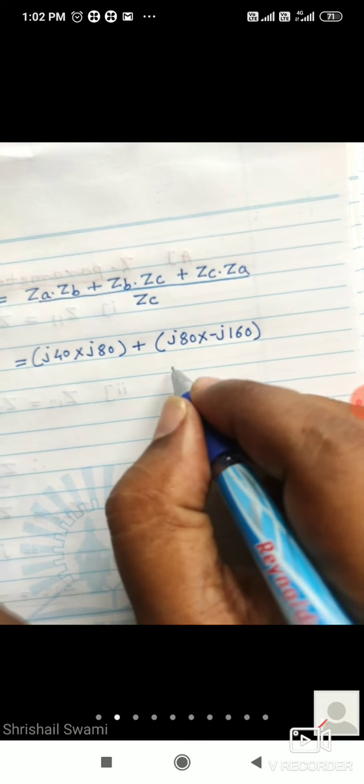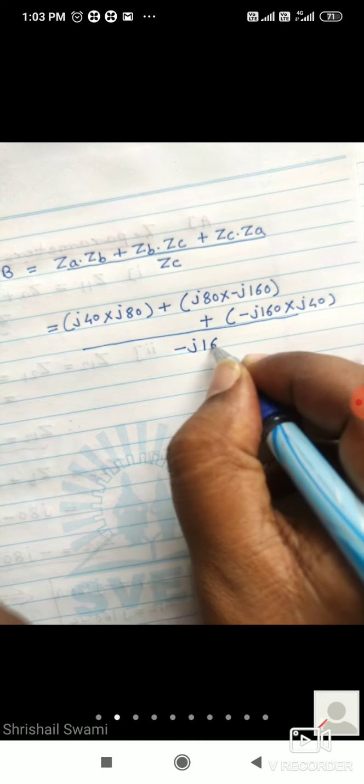So ZA into ZB, that is J40 into J80, take in a bracket. Next plus J80 into minus J160. Next plus minus J160 into J40. Divided by ZC, which is minus J160.